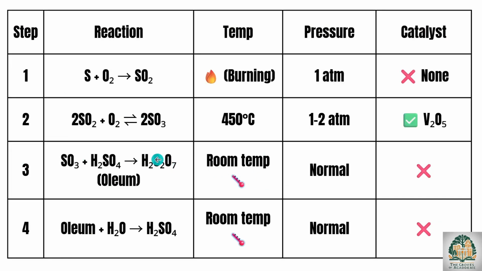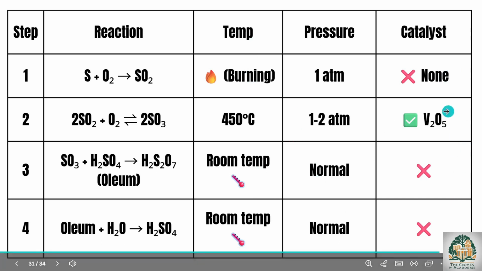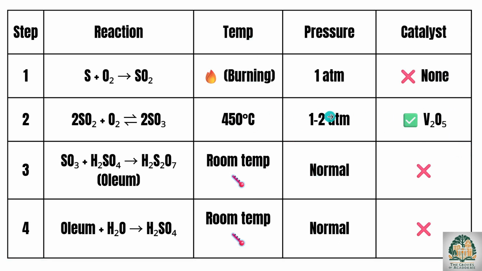Now master this table, equal to chemistry flex. Take a screenshot. Everything is written here: the reactions, the steps, the temperature, the pressure, the catalyst. See here, no catalyst except in the second step, where we have to give the catalyst.